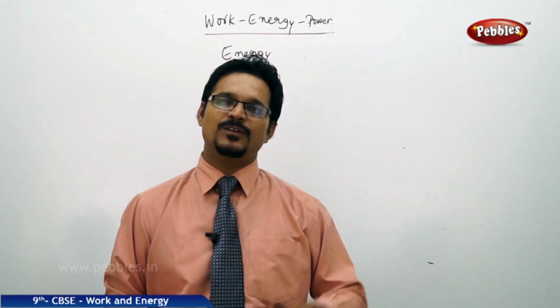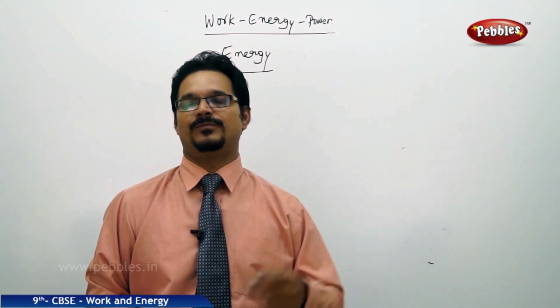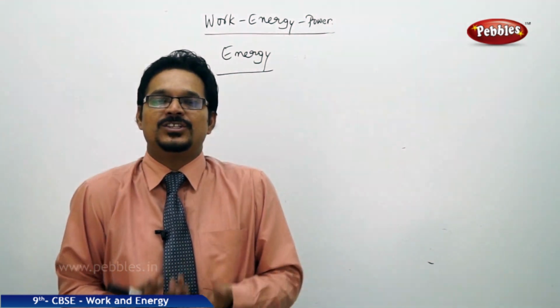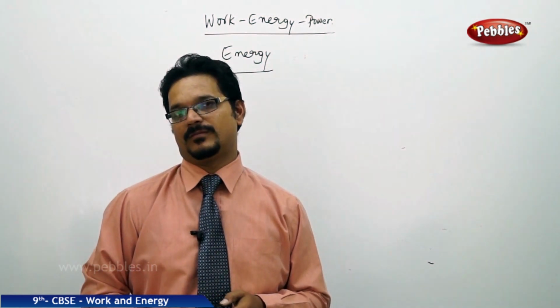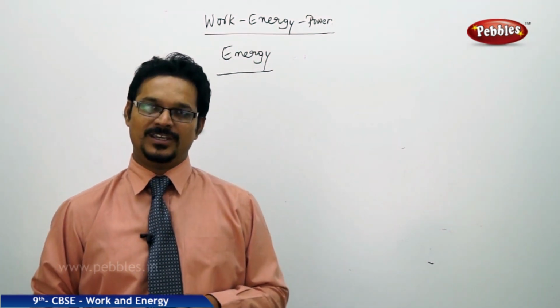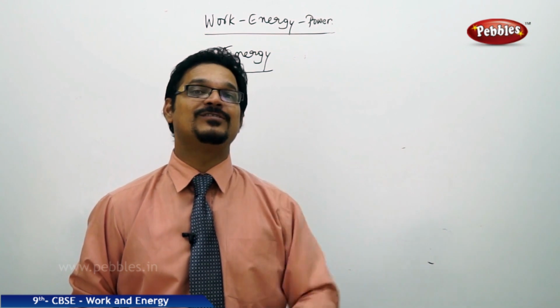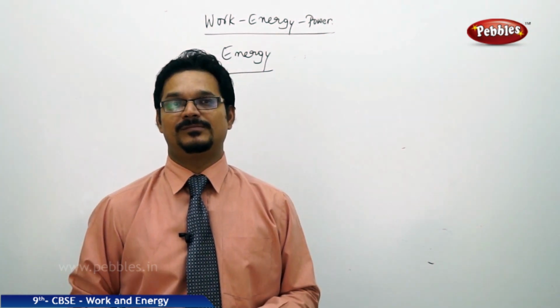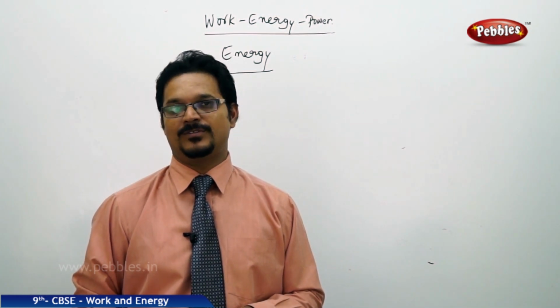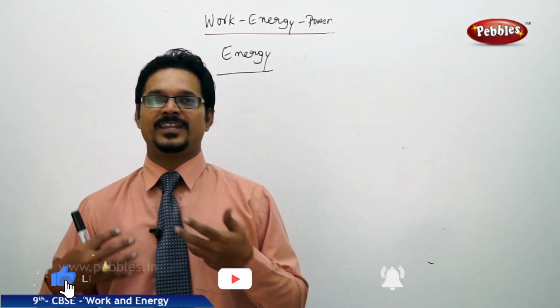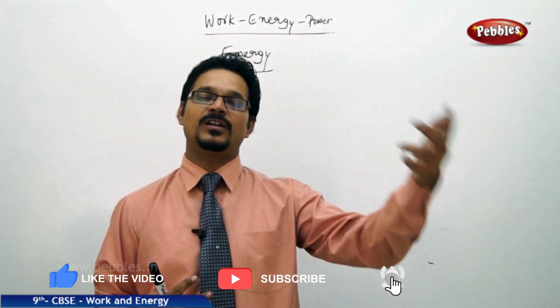So actually we say work and energy are interchangeable. How much energy you have, that much work only you can do. You have 100 joules of energy, you cannot do 150 joules of work. It's not possible. It is opposite to natural laws.